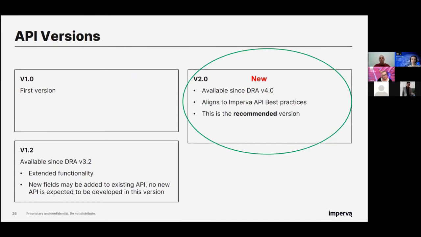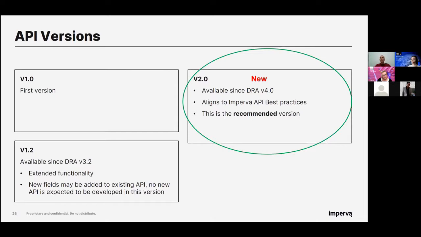The reason is that we made a decision to build our API in the same standards and manners that we're using right now in the Imperva Cloud WAF. It is a much better methodology. It's much more robust and more connected with the REST standards.